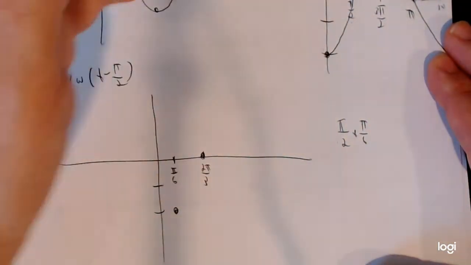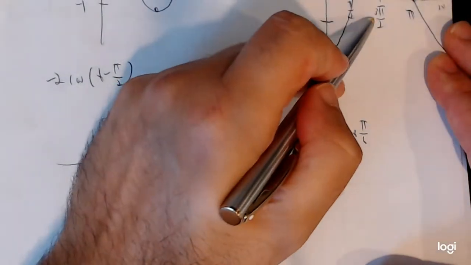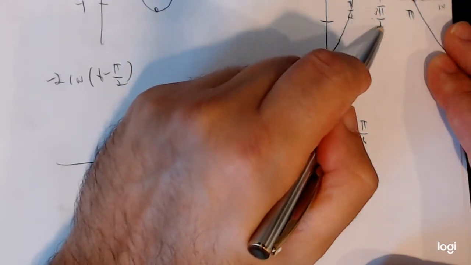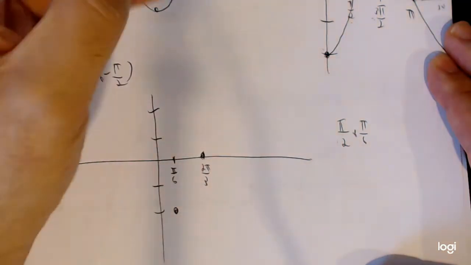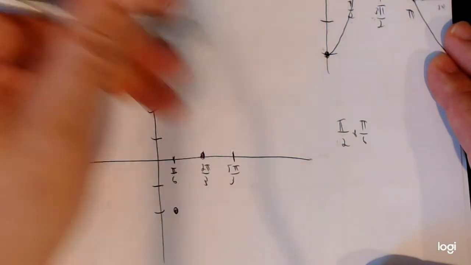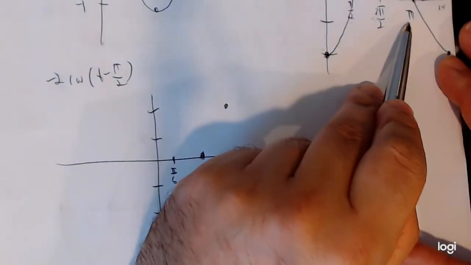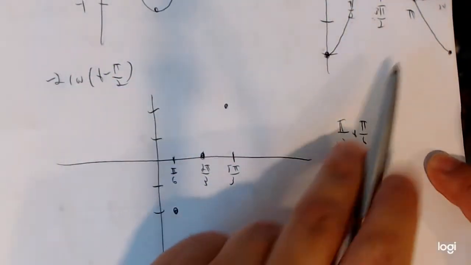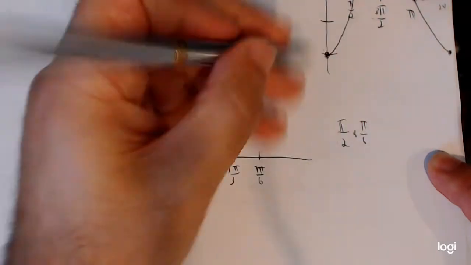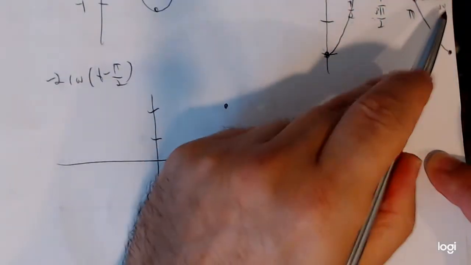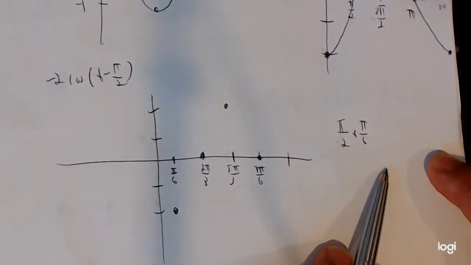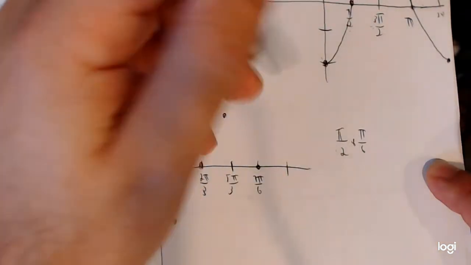At 3 pi over 2, it's 2, but when I add pi over 6 to this, what do I get? 9 pi over 6 plus pi over 6 is 10 pi over 6, which becomes 5 pi over 3. And then for the pi, if I grab pi and I add pi over 6 to that, that'll be 7 pi over 6. And that'll leave me at 0. And then at 2 pi, if I add pi over 6, oops, I have these mixed up.